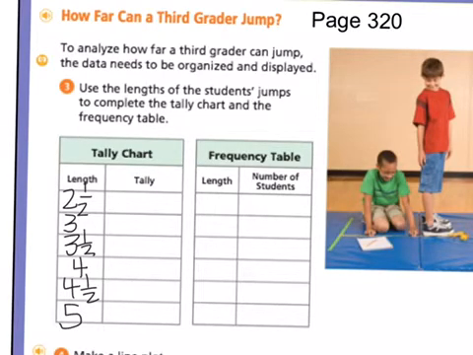So when kids were jumping, one student jumped 2.5 feet, 5 students jumped 3 feet, 8 students jumped 3.5 feet, and 3 students jumped 4 feet. 2 students jumped 4.5 feet, and 1 student jumped 5 feet. So that's our tally chart.